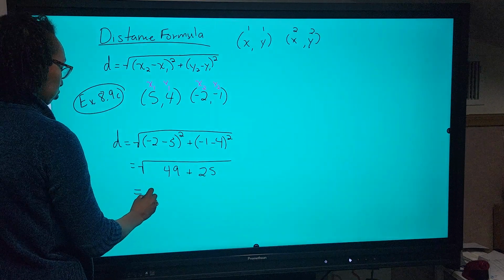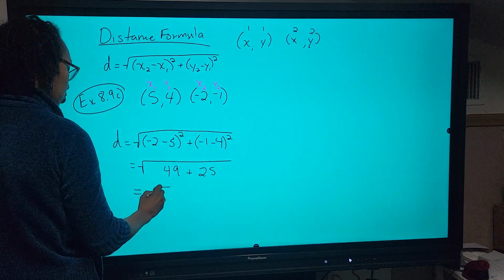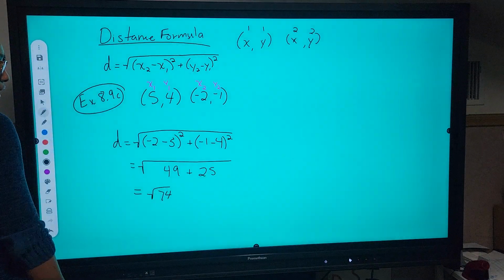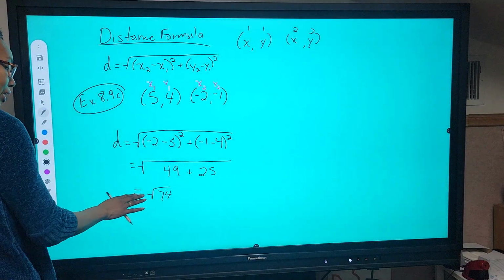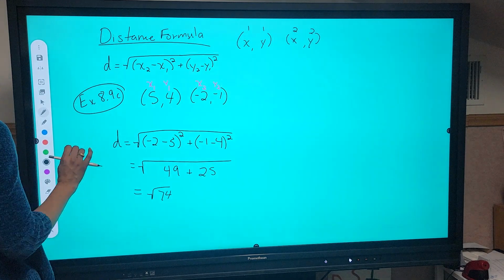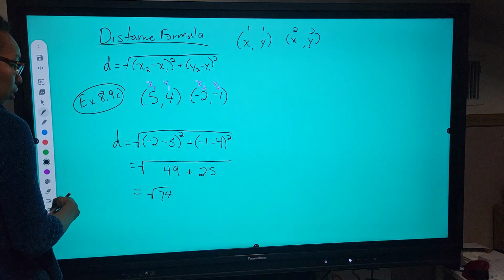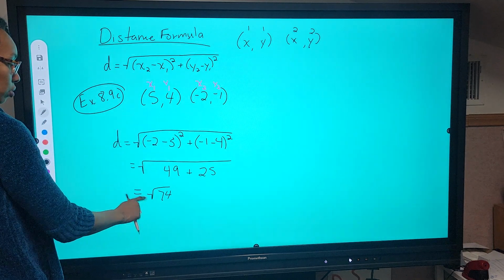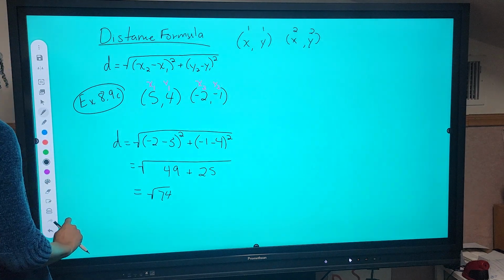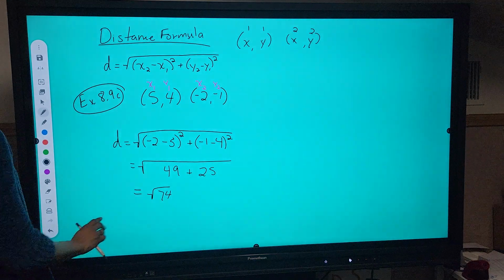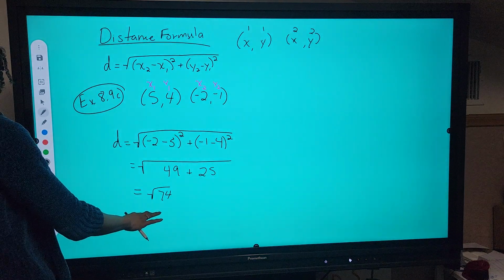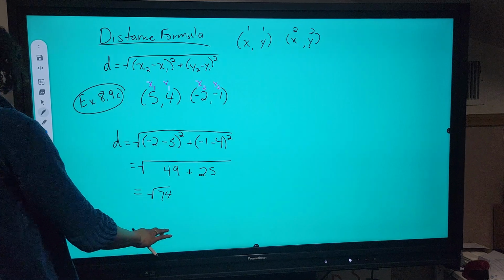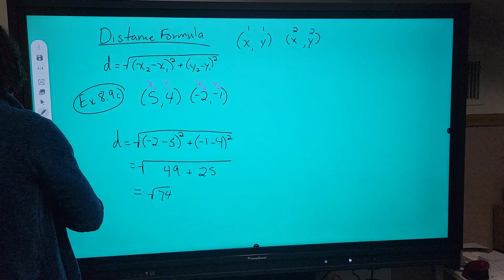So we'll get the square root of 74. 74 is not a perfect square, and it's not divisible by any perfect squares. So our answer for the distance between these 2 points is the square root of 74. Now, of course, there will be times when you can simplify, and we should simplify if possible, but in this case we are not able to.